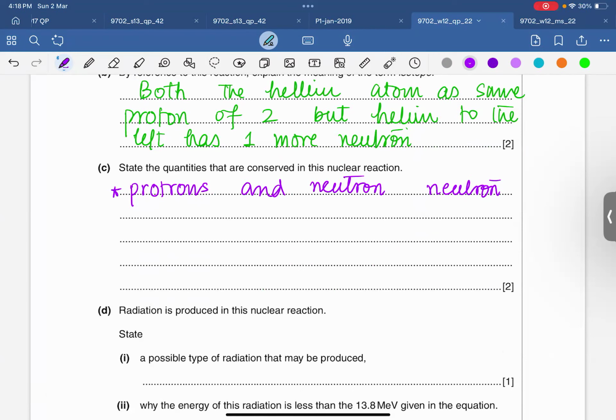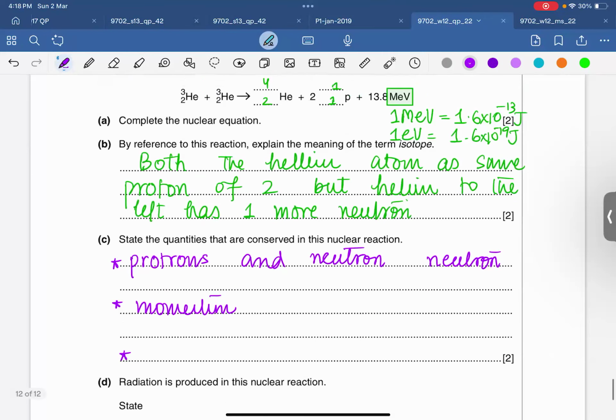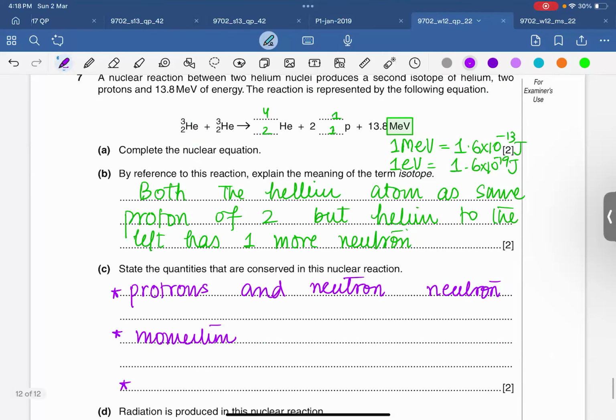When these two helium atoms approach toward each other, whatever the initial momentum is, after the reaction the helium atom and the proton will move in the opposite direction to conserve the momentum. Because if two particles react, they have to collide, and if there is a collision, then momentum should be conserved. Clear?